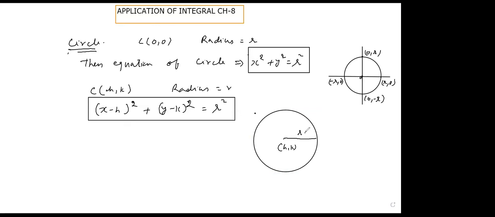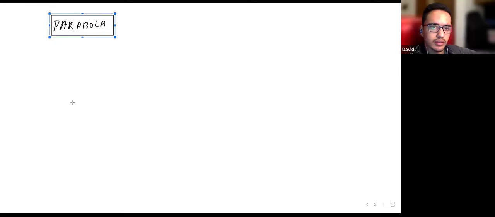Okay. Now coming to parabola. We already know that the graph of a quadratic polynomial is a parabola. It has a parabolic path.